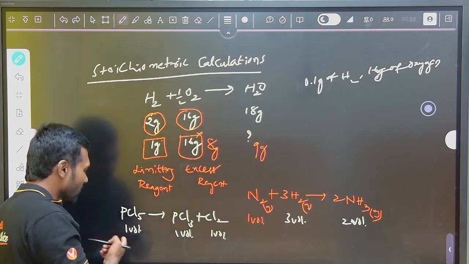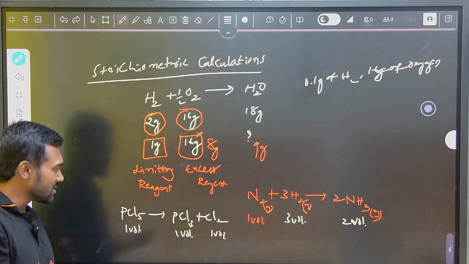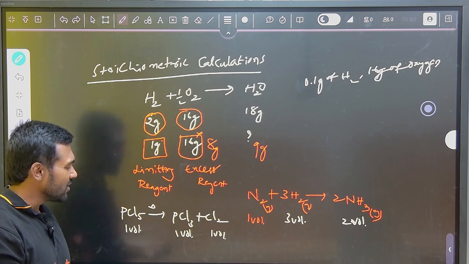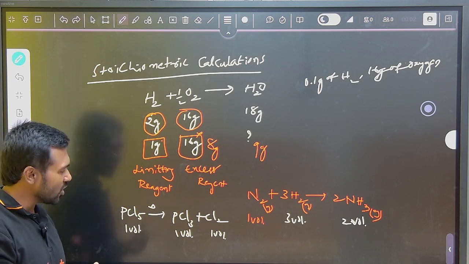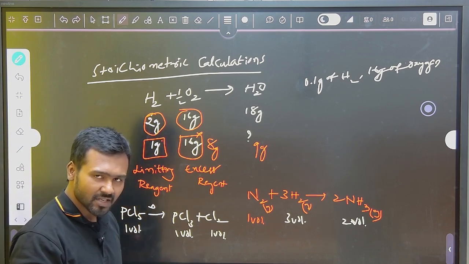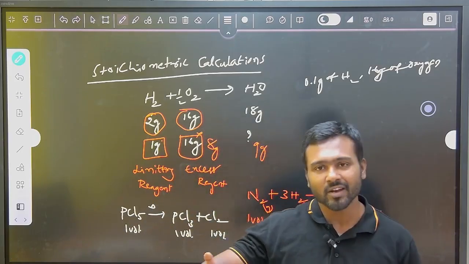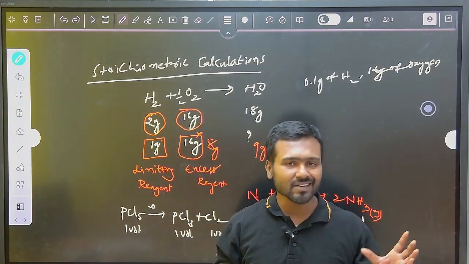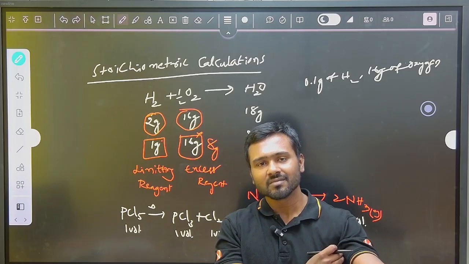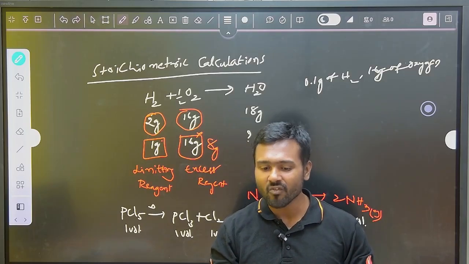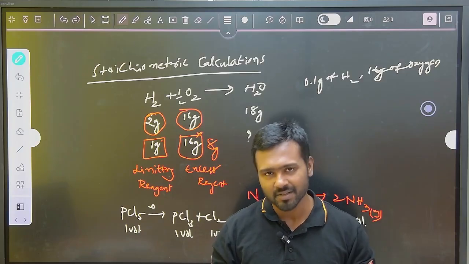That means one volume of PCl5 decomposes and you get 2 volumes of products, one volume of PCl3 and one volume of Cl2. Now the product side has 2 volumes, but the reactant side has 1 volume. So the volume is increasing, which means expansion is taking place.